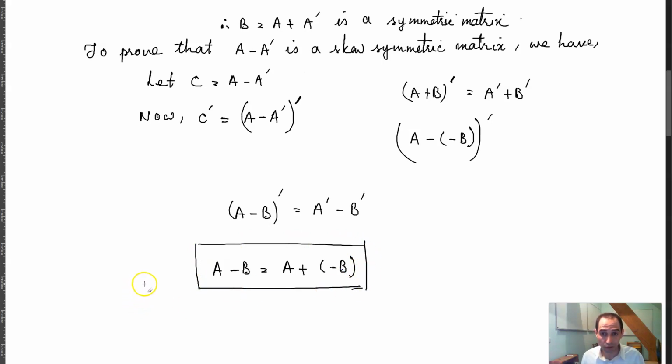So A minus B is the same thing as A plus negative B.